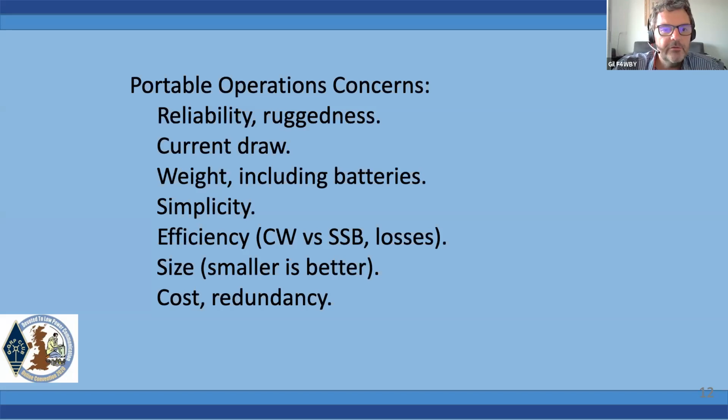All right, so current draw, I mentioned that. I think that's a very important concern. For me, I tend to avoid radios that, for QRP CW-only radios, draw more than about 100 milliamps. And for SSB radios, I set my limit to about 250 milliamps, and that's on receive.